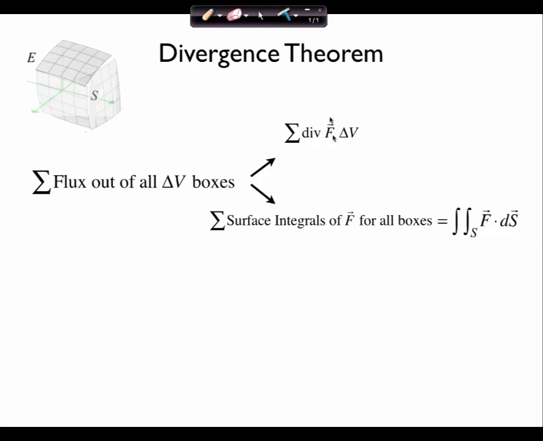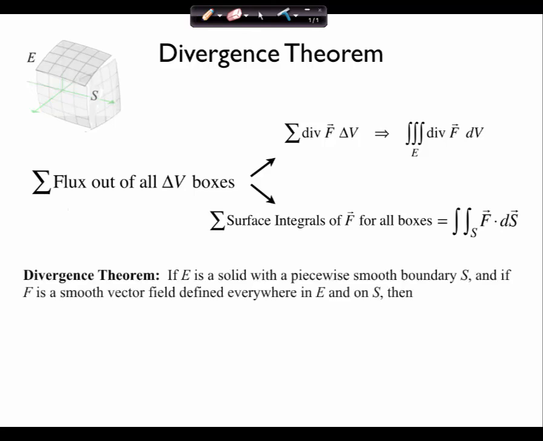So how do we sum up the divergence of all those boxes? That's going to be a triple integral over E of the divergence of F dV. Both of these are summing up the flux out of all the delta V boxes inside the solid.